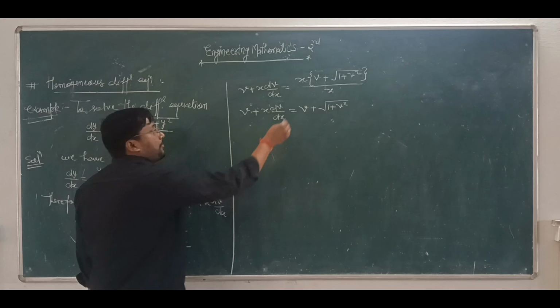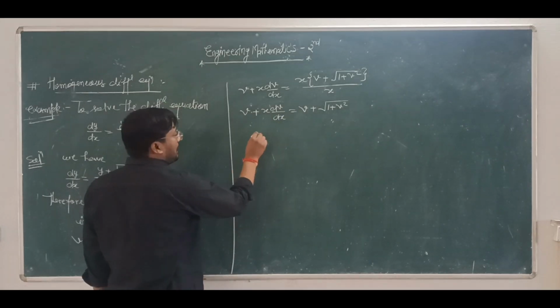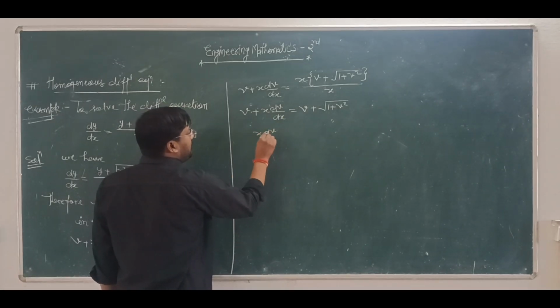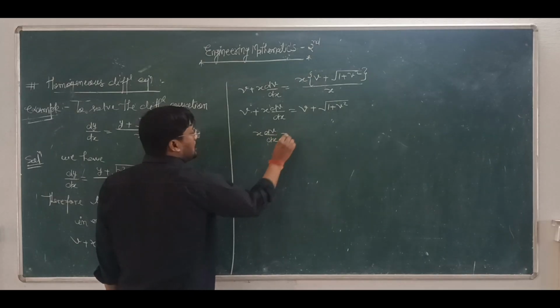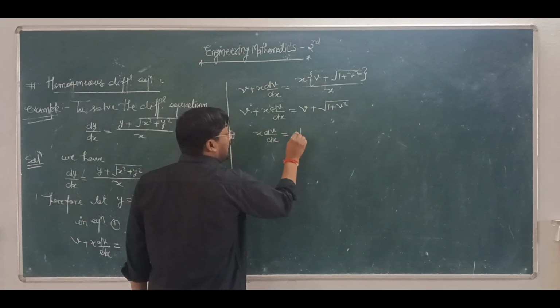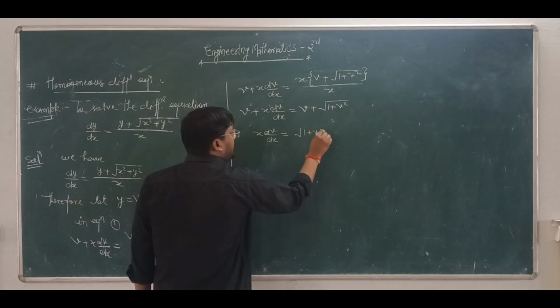Now v will be cancelled. Now you can write x dv upon dx is equal to under root 1 plus v square.